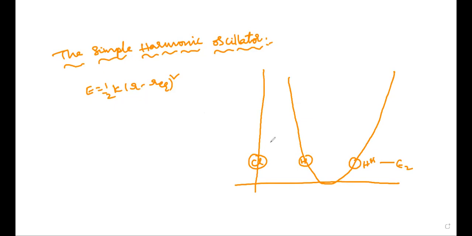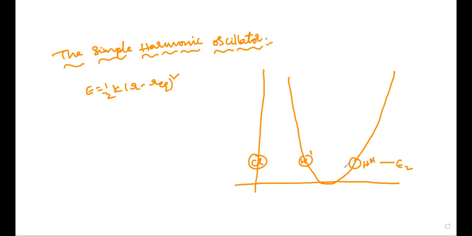So this diagram shows that one chlorine atom is considered to be stationary at r equal to 0. On the other hand, H will oscillate between H dash and H double dash.